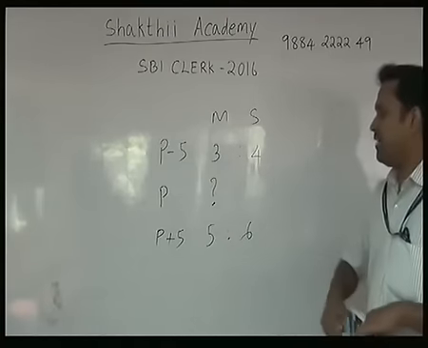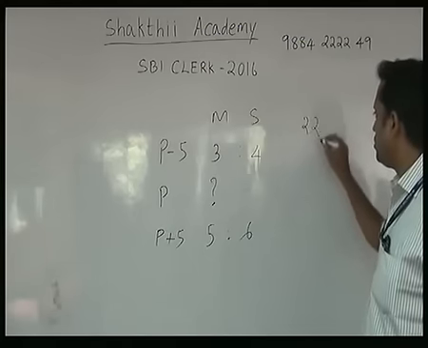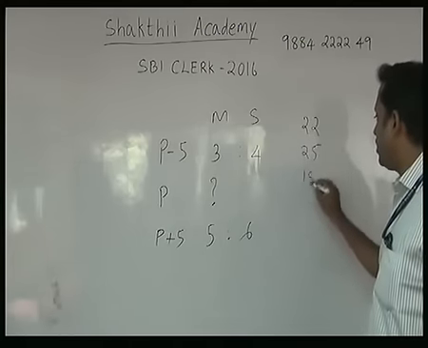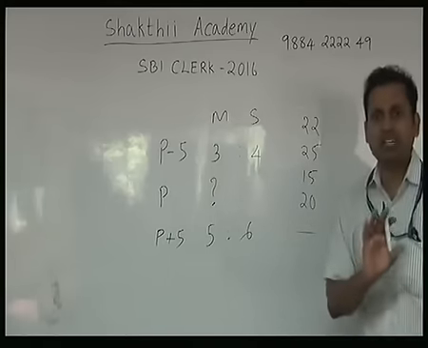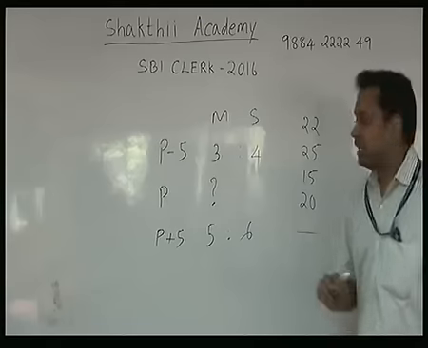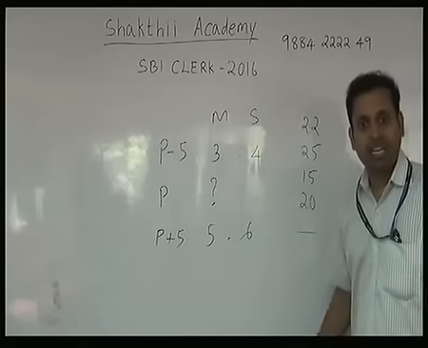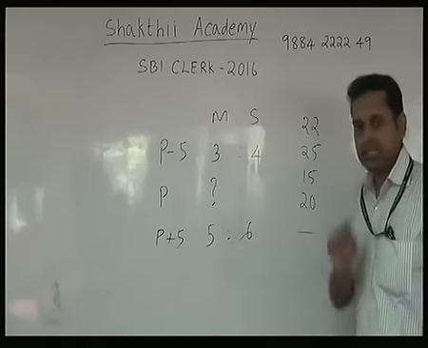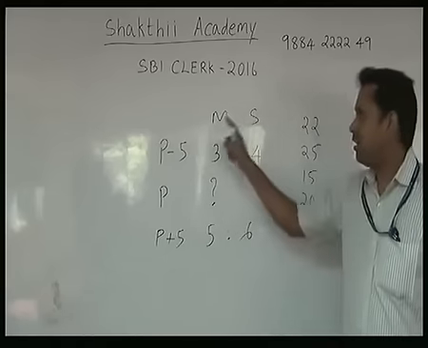Just listen, it's very, very simple. What are the options given? 22, 25, 15, 20, none of these. Percentages are given here. Suppose I take 22 as the percentage of Meena.